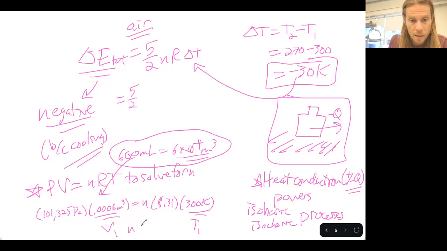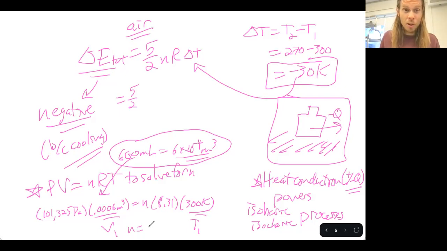So I'm going to get n equals, calculate, I don't want to do that in my head, 101,325 times 0.0006. Make sure I have the correct number of zeros. Take a moment. I have 3 zeros, 3 zeros. Got it. Divided by 8.31, divided by 300. So I get point. And you probably want 3 decimals.